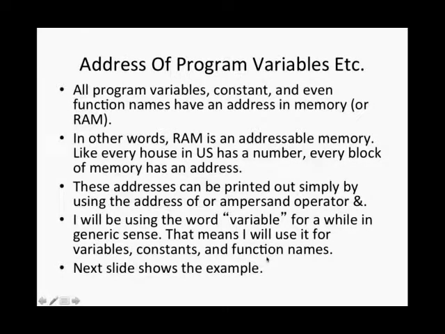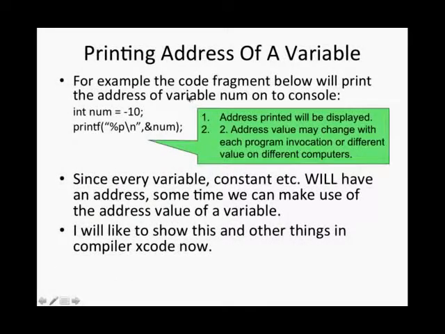And this next slide shows the example. So here's the example. Let's say I have a variable num equal to -10 and I want to print its address, meaning the memory location where it is. I want to print memory location of its first byte where it's stored. So we can do something like this. printf %p for the pointer, \n for line feed, ampersand num.